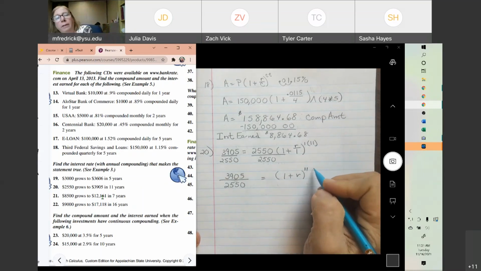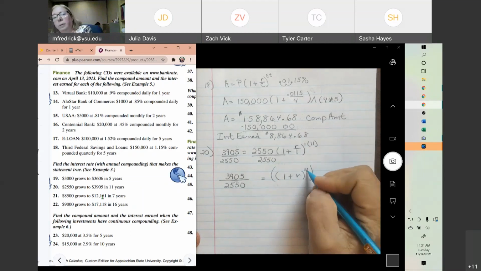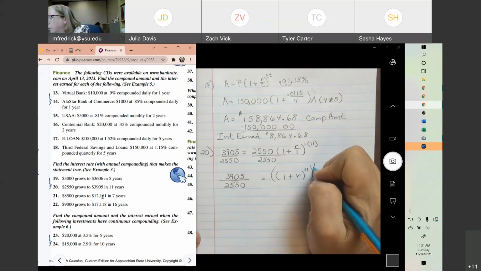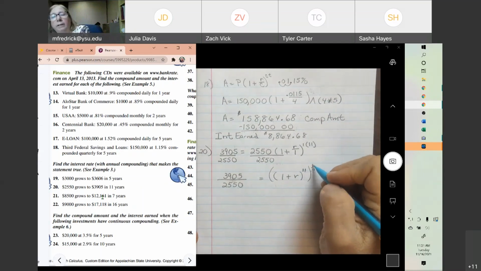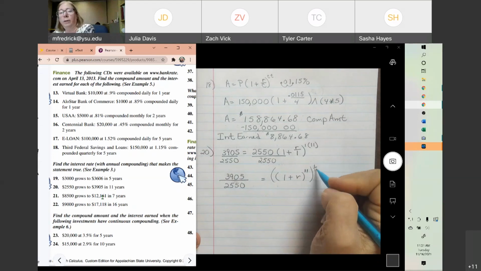Now to get rid of an exponent, an exponent to an exponent is multiplied. So if we use our reciprocal, 11 times 1 over 11 is just 1. So if you multiply a number by its reciprocal, it equals 1. So we want to take it to the 1/11th.